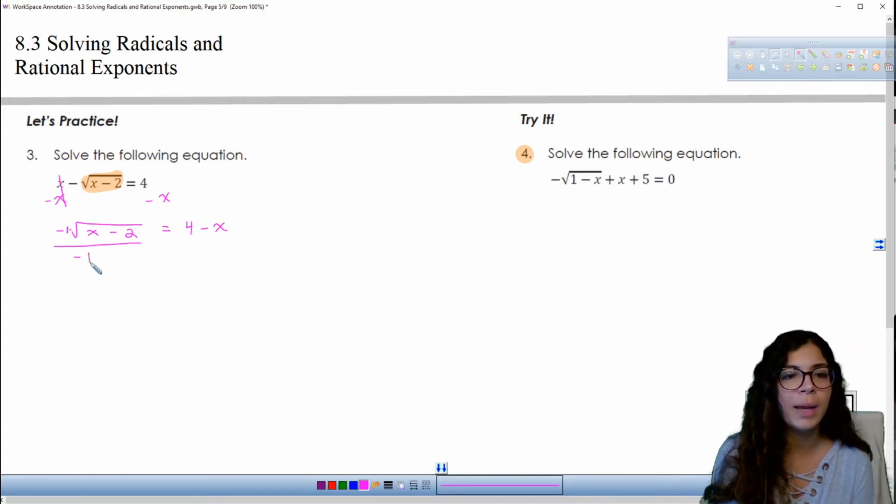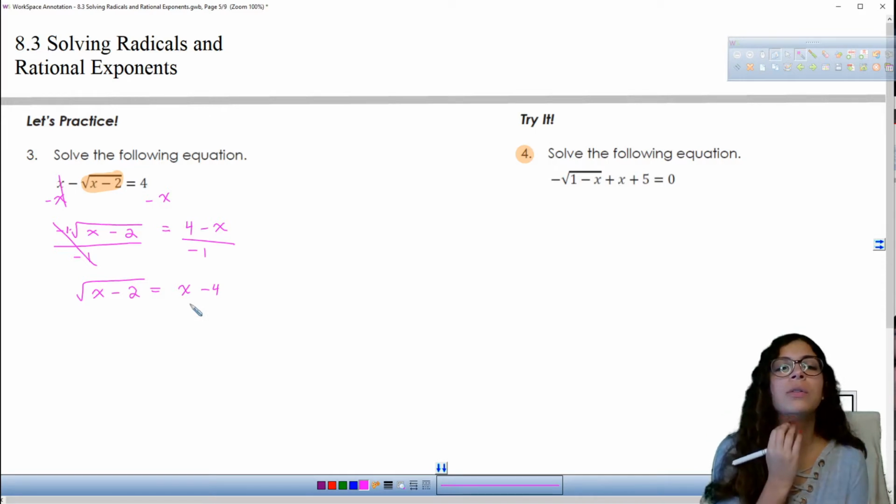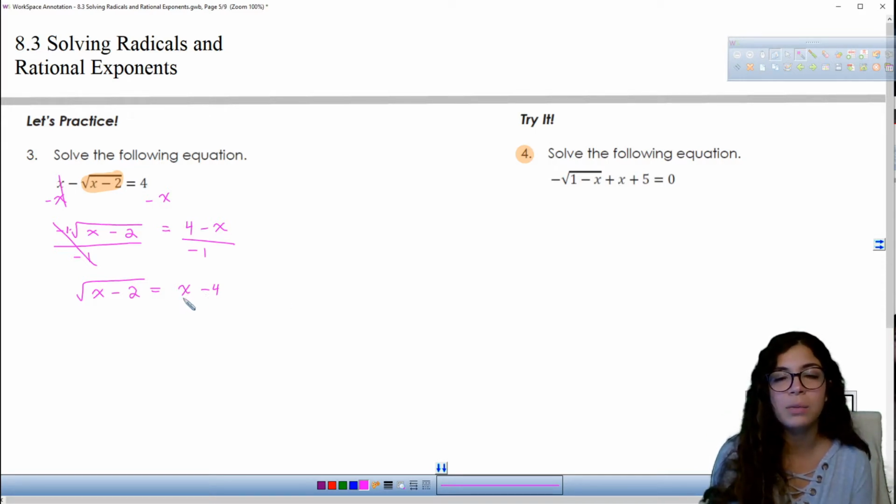So I'm going to go ahead and divide by negative 1 to get rid of that. And remember, when dividing, just like multiplying, you have to do that to every term. So on the right-hand side, 4 divided by negative 1 would be negative 4. Negative x divided by negative 1 would be positive x. And I just switched the order of those terms so I could have the x written first.